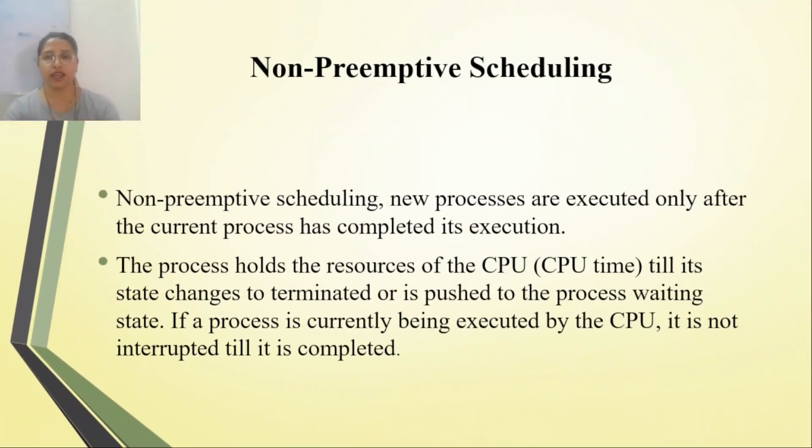Once the processor takes a process, it will execute that process, and only then switch to another process. The process holds the CPU resources until its state changes to terminated, or it is pushed to the process waiting state. Then only will the CPU be freed.